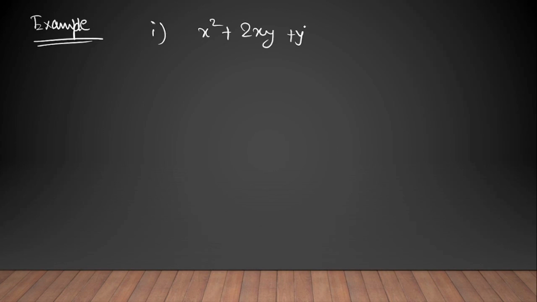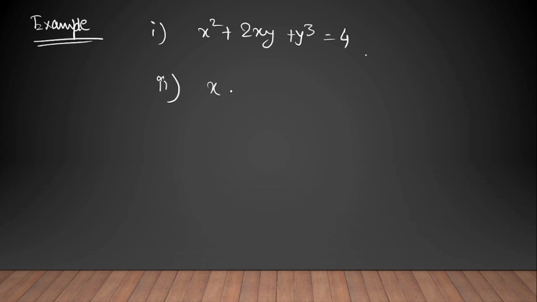Examples of implicit functions. Number one: x square plus 2xy plus y cube equals 4. This is an implicit function. We can't take y as an explicit function of x.